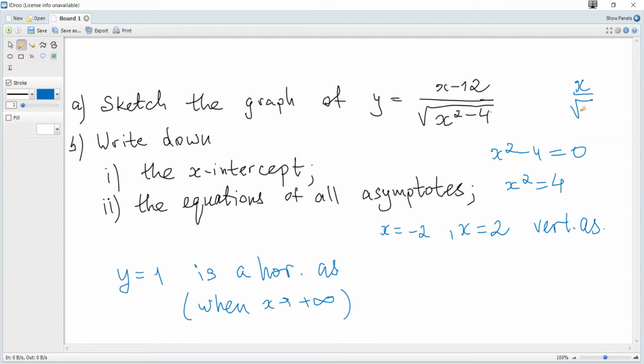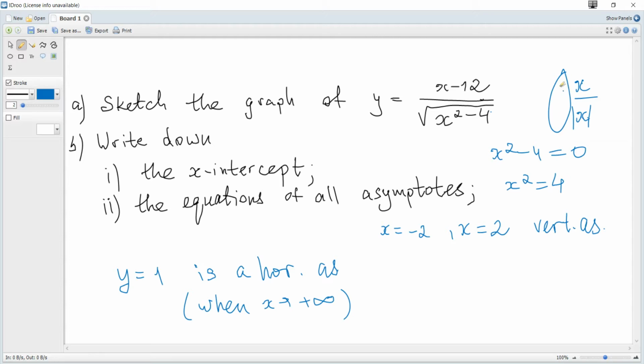Again, x over square root of x squared, which is the absolute value of x. But when x is very large but negative, x is negative, but the absolute value is positive. So and again, horizontal asymptote, because powers are the same, it's just division of coefficients 1 over 1. So not 1 actually. x is very large negative, and the absolute value is positive.